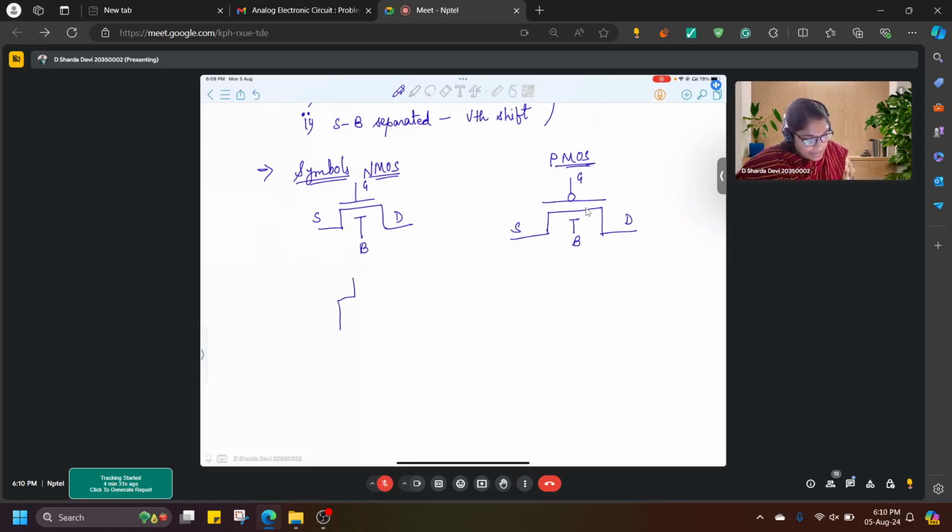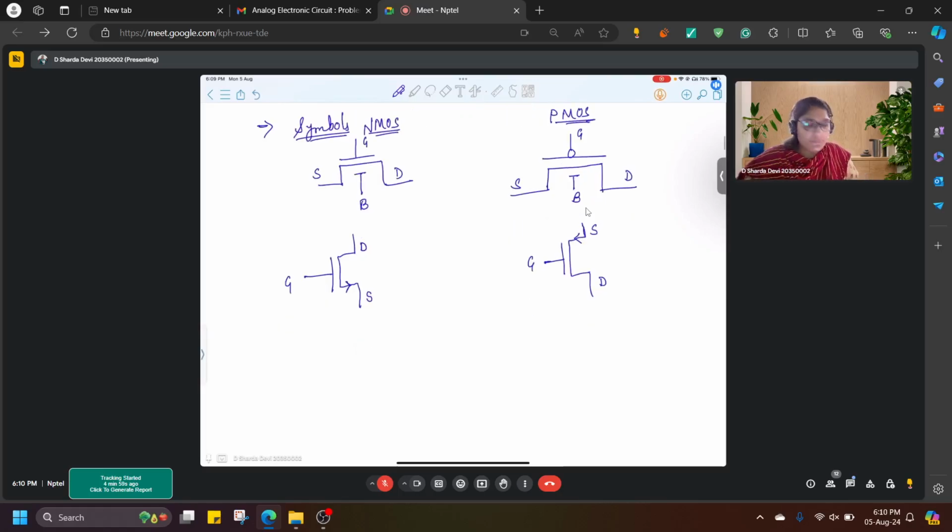Another way is by using the current direction. In the case of NMOS, the current flows from drain to source. In the case of PMOS, the current flows from source to drain.